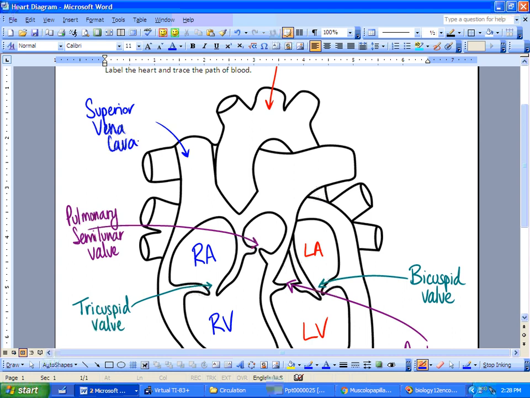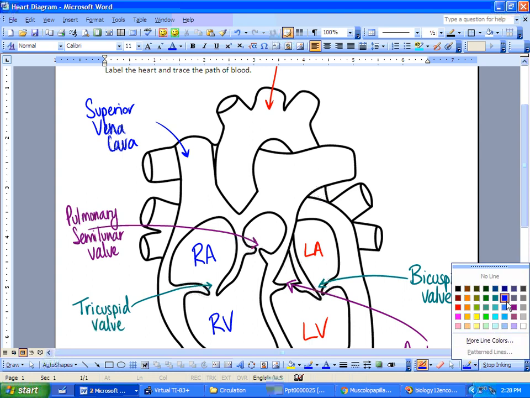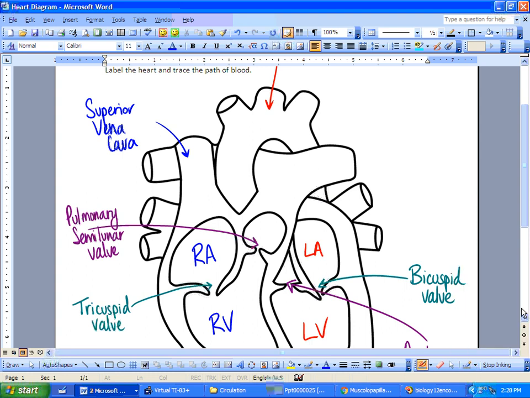And then really the only other blood vessels we need to label on here, we'll switch some colors here. These blood vessels, there's that one and this one here. Those are actually going to carry, and we'll see this when we label the path of blood, those are the blood vessels that carry blood from the right ventricle to your lungs.